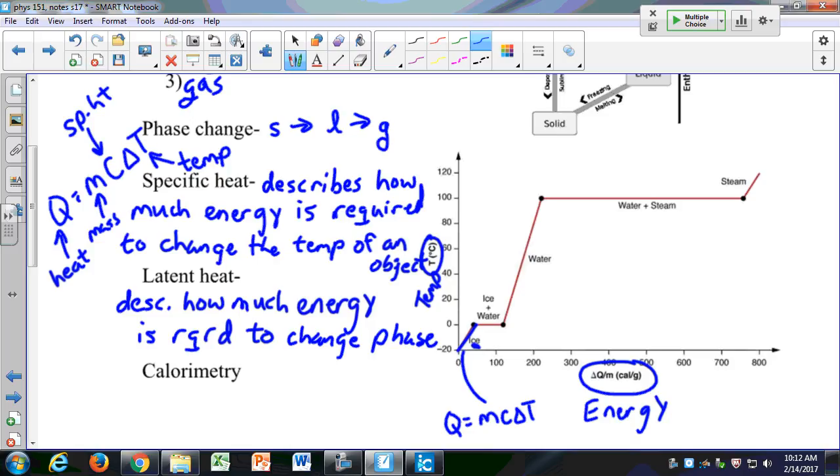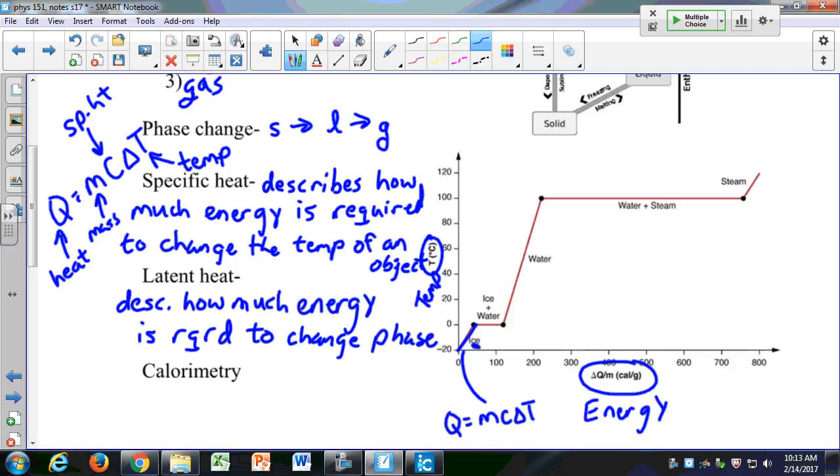But then at some point, I get ice with some water mixed in with it, and I get up to 0 degrees Celsius, and I still have ice at 0 degrees Celsius. I've raised it up to the melting point, but it has not yet melted. Then I have to put in the energy due to the latent heat that's required to change this solid into a liquid.